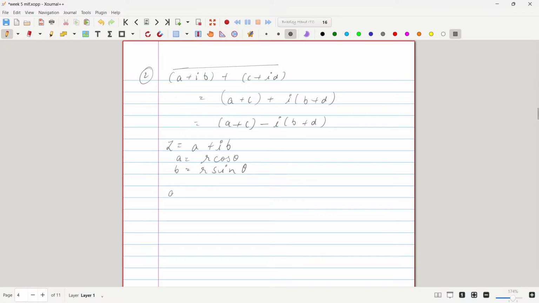So you will be able to represent a plus iota b in terms of r cos theta plus iota r sin theta. If you take r common, you will get cos theta plus iota sin theta, and it will be equal to r e raised to the power iota theta. Okay.